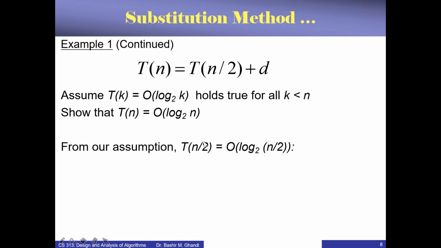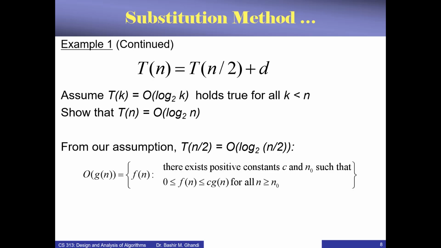So if that is the case, then all we have to do is substitute this value into the original equation, replacing T(n/2) with this. But before that, can we represent this big O of log of n/2 to base 2 as some function C·g(n)? Of course we can, because from the definition of big O, we know that big O of g(n) is the set of all functions f(n) for which there exist positive constants C and n naught, where f(n) will be less than or equal to C·g(n) for all n greater than n naught.